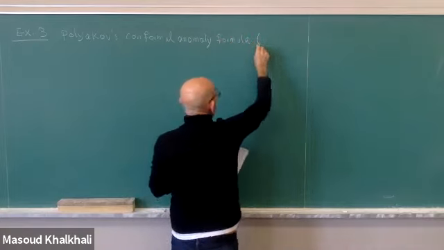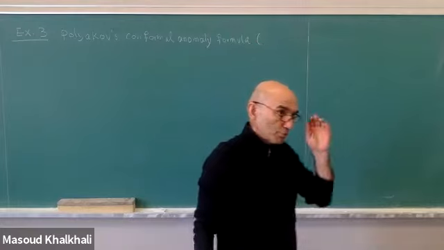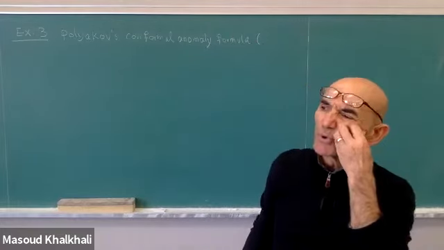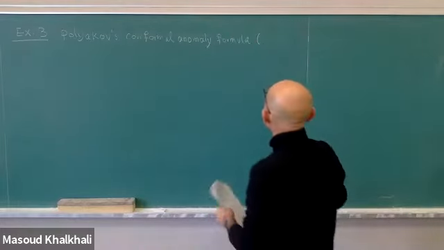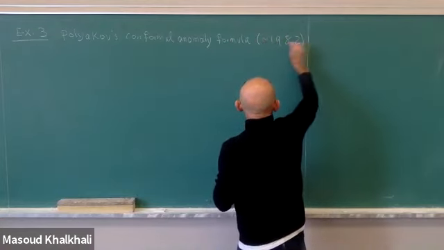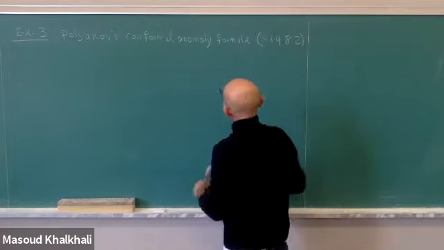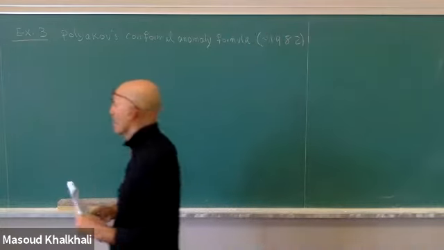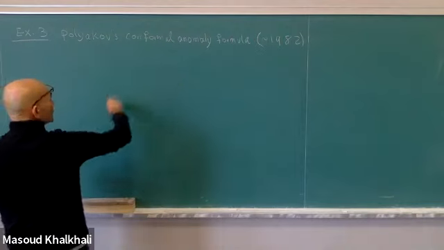This goes back to Polyakov, who wrote 2 papers in 1982 or 83, I think, maybe 81. So this is around 1982. That kind of restarted string theory. So this was for bosonic strings.